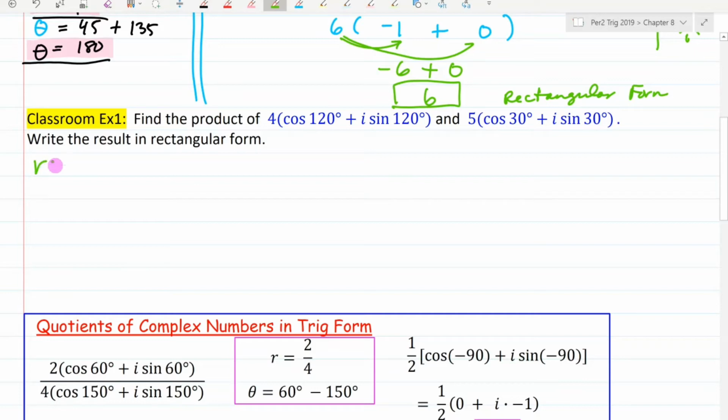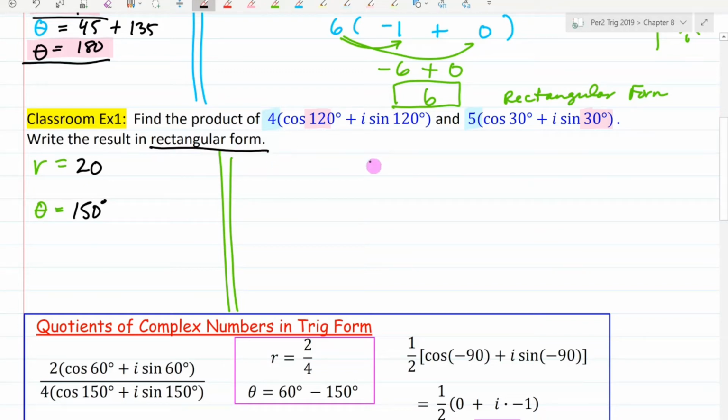All right, so we need r and we need theta. r comes from multiplying the two radii together, so 4 times 5. And then we're going to add 120 and 30, so that's going to give us 150 degrees. They do want the result in rectangular form.